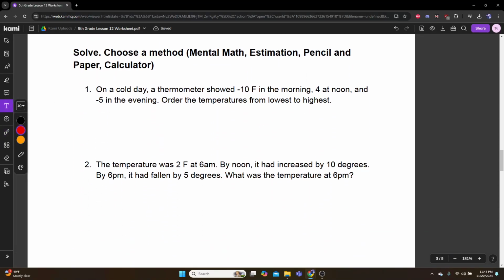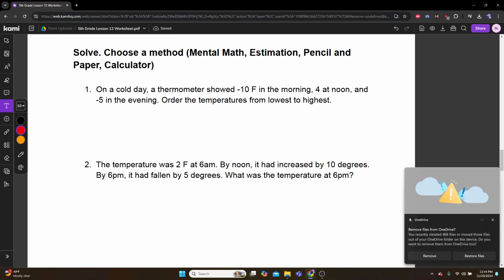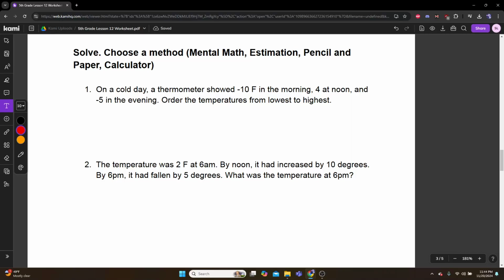And now the next section is solve. Choose a method where we could use mental math, estimation, pencil and paper, or calculator. So number one, on a cold day, a thermometer showed negative 10 degrees Fahrenheit in the morning, 4 at noon, and negative 5 in the evening. Order the temperatures from lowest to highest.